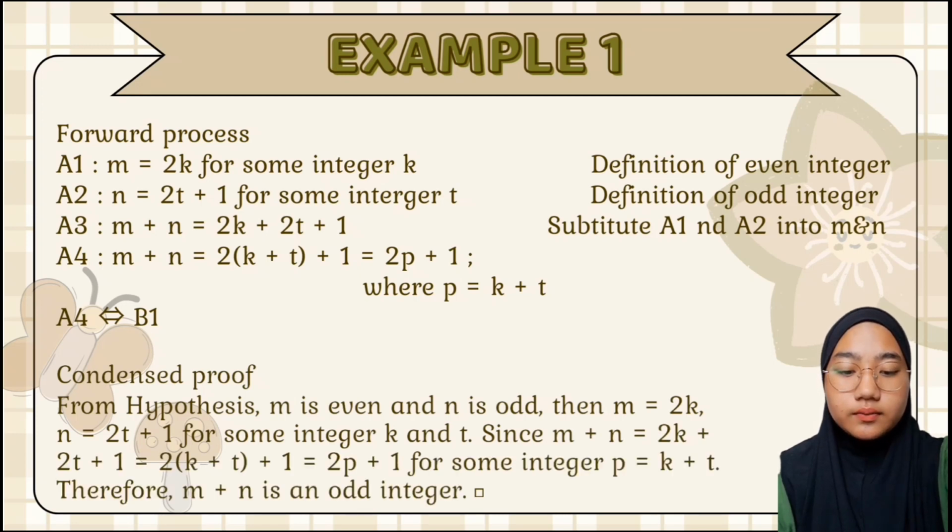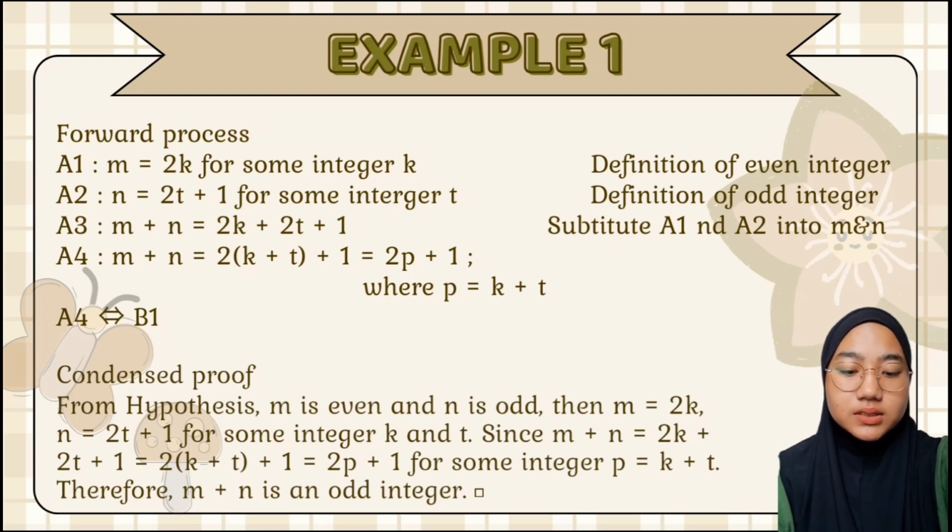So A1, m equal to 2k for some integer k, because m is an even integer, so we use the definition of even integer. And A2, n equal to 2t plus 1 for some integer t, because n is an odd integer, so we use the definition of odd integer.